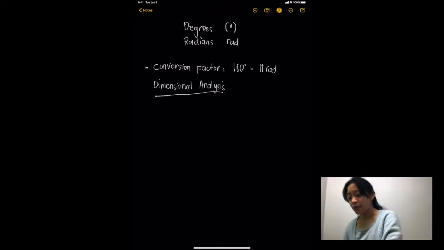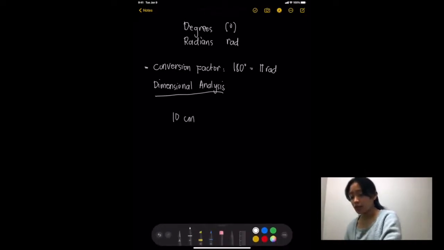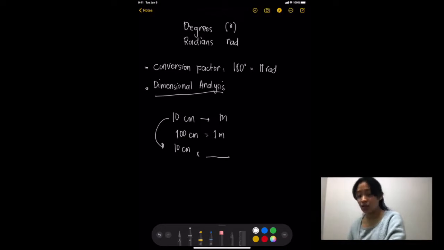For example, let's say I have 10 centimeters and I want that converted to meters. I use dimensional analysis. I know that 100 centimeters equals 1 meter, right? So I start by writing the given number, 10 centimeters, and then I multiply that with the conversion factor.